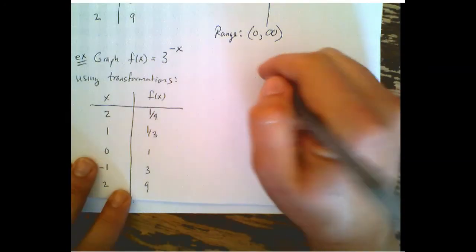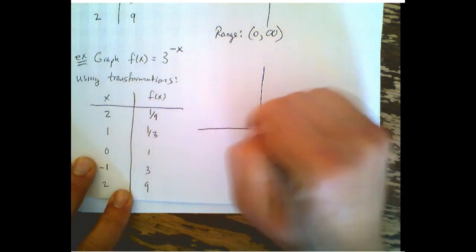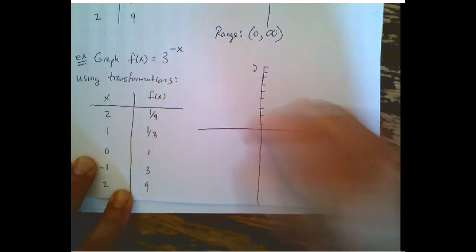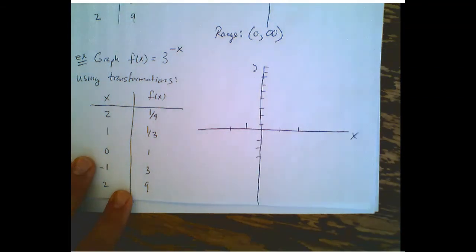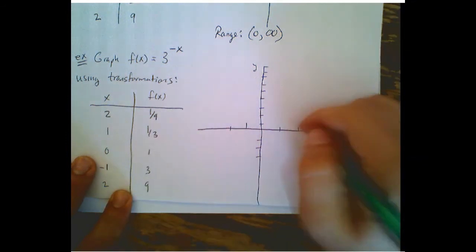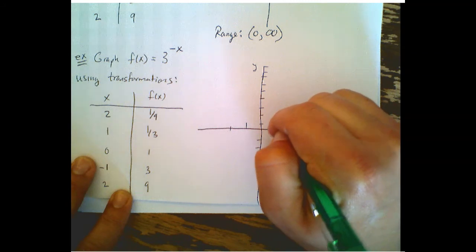So let's see what happens. Same idea. So now at 2, we're at 1/9. So here we're at close to the axis, and then 1/3, so a little higher.